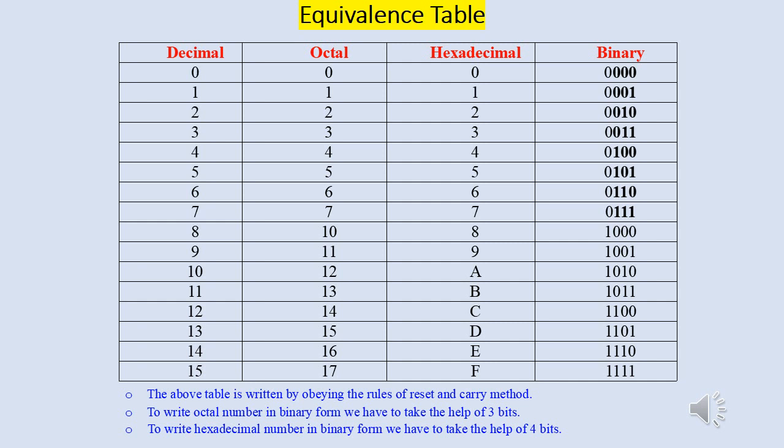While designing the equivalence table, you have to take 3 points into consideration. Number 1, the table is written by obeying the rules of the reset and carry method. Next, to write an octal number in binary form, we have to take the help of 3 bits, and to write a hexadecimal number in its binary form, we have to take the help of 4 bits.